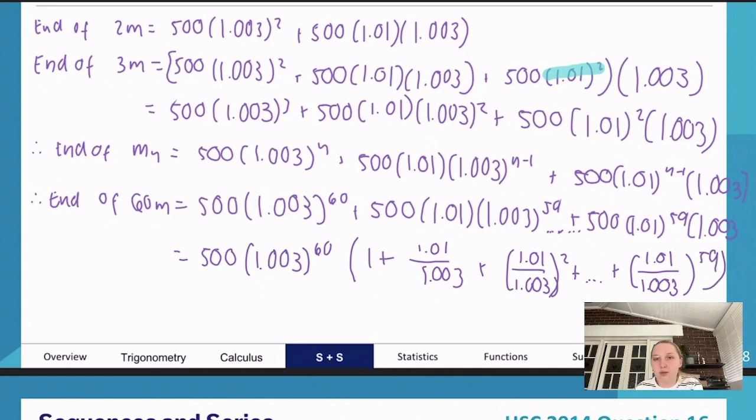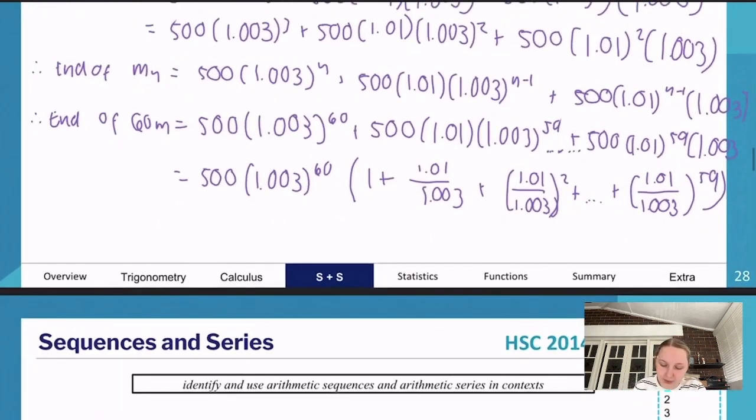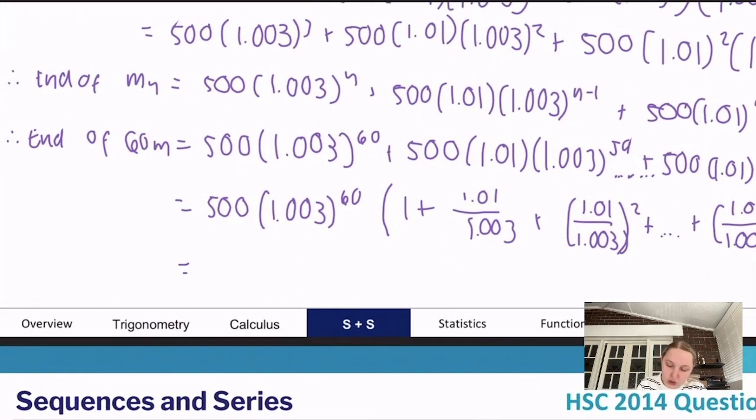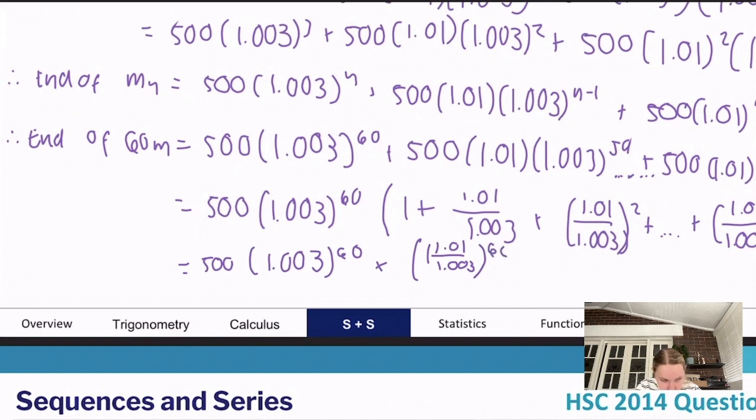Okay, then we're looking at our formula for the geometric series, and we get 500 × 1.003 to the power of 60, all multiplied by, and this is where it gets a little bit confusing because we've got all these fractions going on, (1.01 over 1.003) to the power of 60 minus 1, all over 1.01 over 1.003 minus 1.